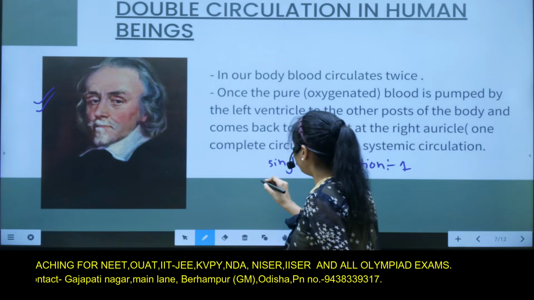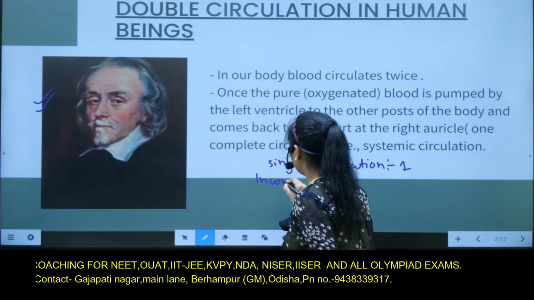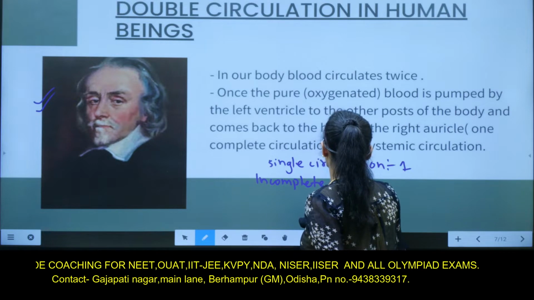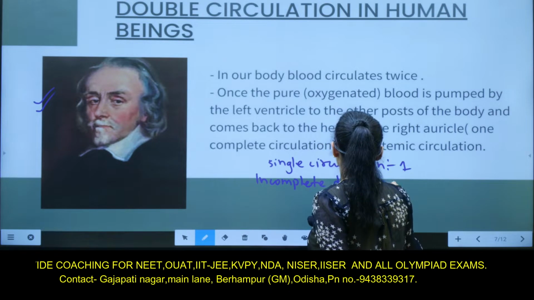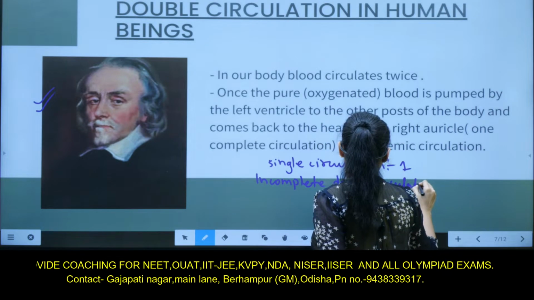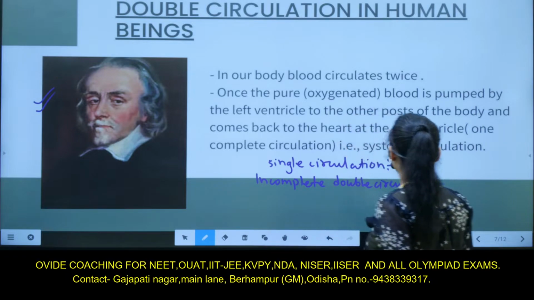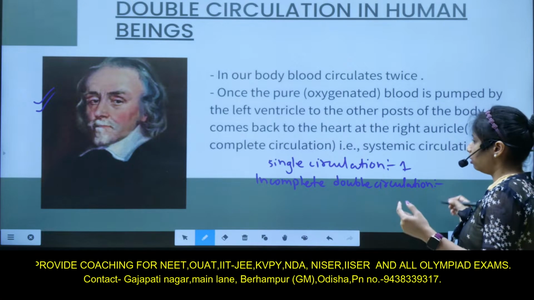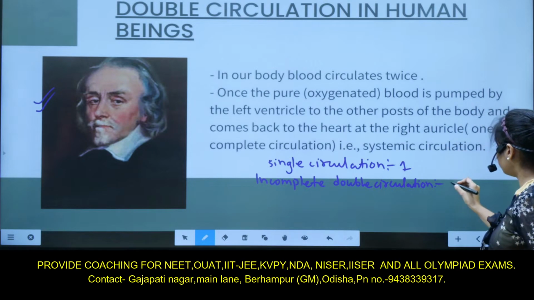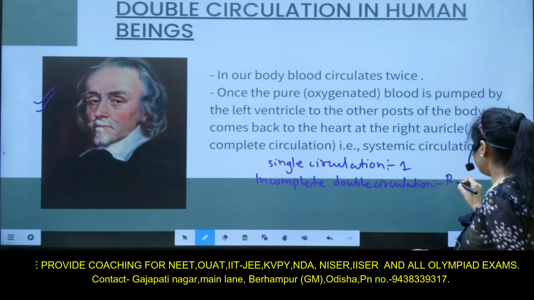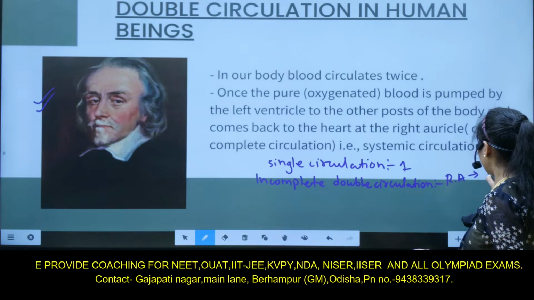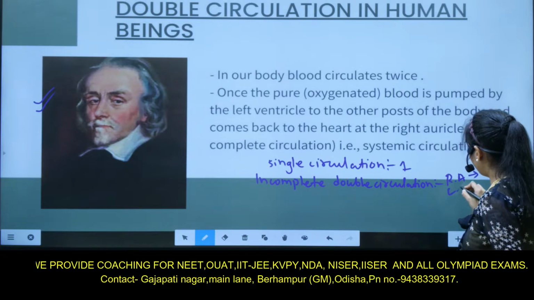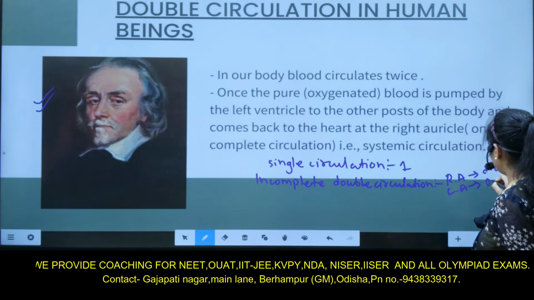And in the incomplete double circulation, the blood passes through the heart in two ways, that is the right atrium, which has deoxygenated blood, and the left atrium, which has oxygenated blood.